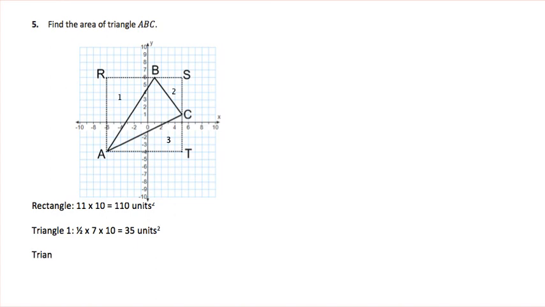Triangle 2 would be 1/2 times 4 times 5, which will give us 10 square units.